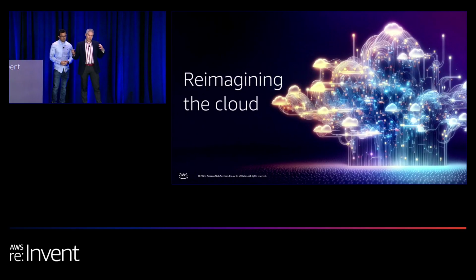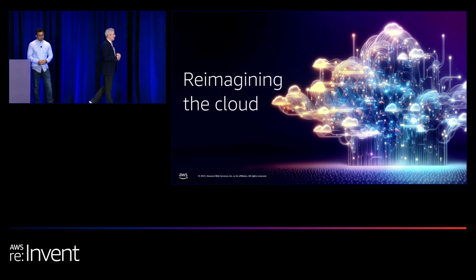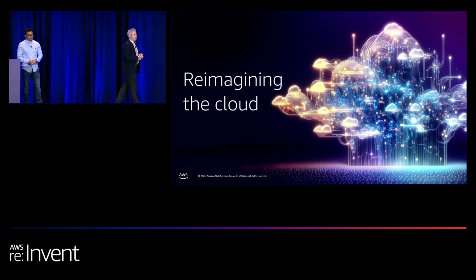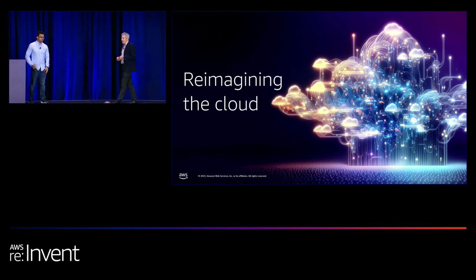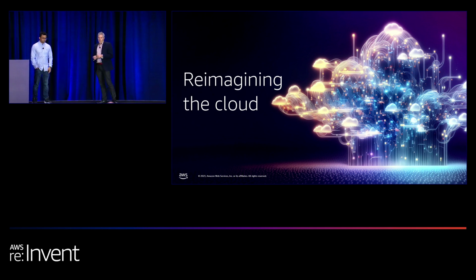So I first want to start with some basics, a little bit about how we got where we are, and a little bit about some of that naming. We won't spend a lot of time on this, but we've been focused on EC2 on trying to reimagine the cloud for ourselves and make it even easier to use.